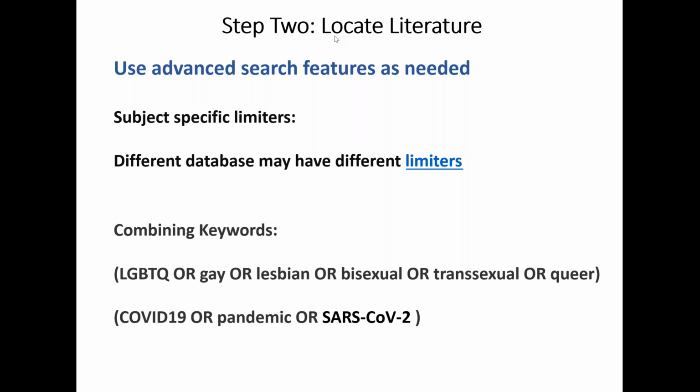But there are other adjacent terms, right? So you can combine all of those in a search by combining them with the word or. So you could put LGBTQ or gay or lesbian or bisexual or transsexual or queer, right? And then that way you're asking the database to look for any of those words. So that can be really helpful.